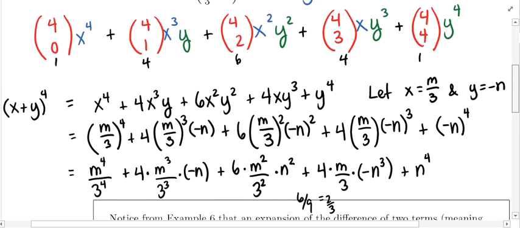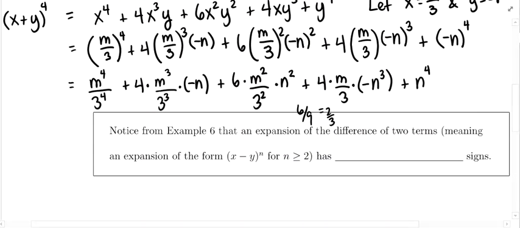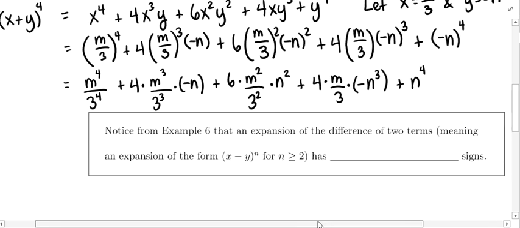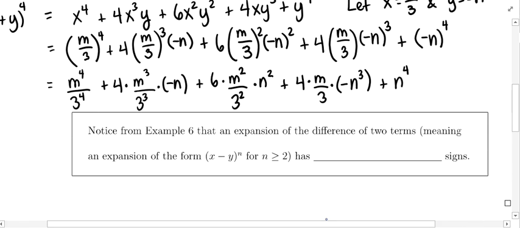So in the box, something we should realize from this particular example. It says, notice from this example, example 6, that an expansion of the difference of two terms, meaning an expansion of the form x minus y raised to the nth power for n greater than or equal to 2, has what kind of signs?